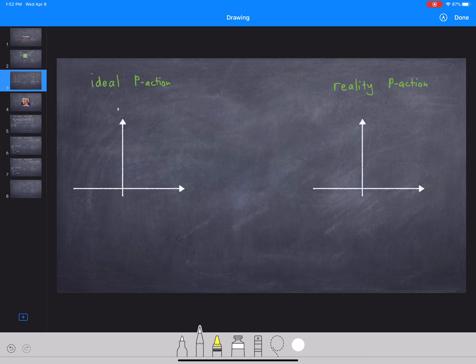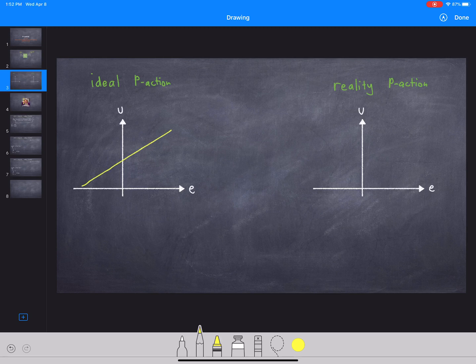This is U as a function of t. Oh, sorry. What we should look at is the P action as a function of the error signal, right? E of t, this is the error. And what P action looks like is this.